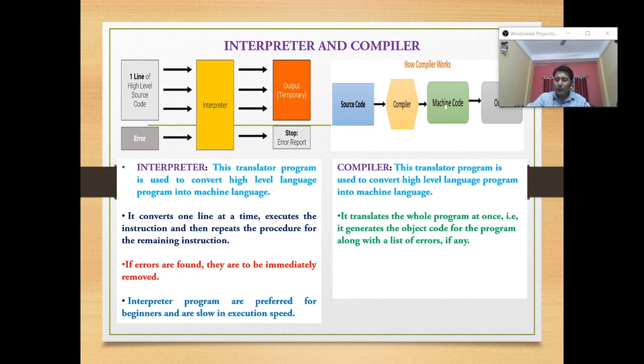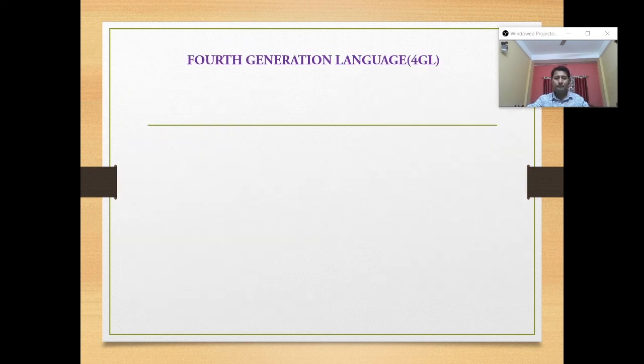After converting all the code, it generates the list of errors, if there are any. You need to rectify all the errors, and after that it will show the output. The execution is very, very fast in a compiler as compared to an interpreter.